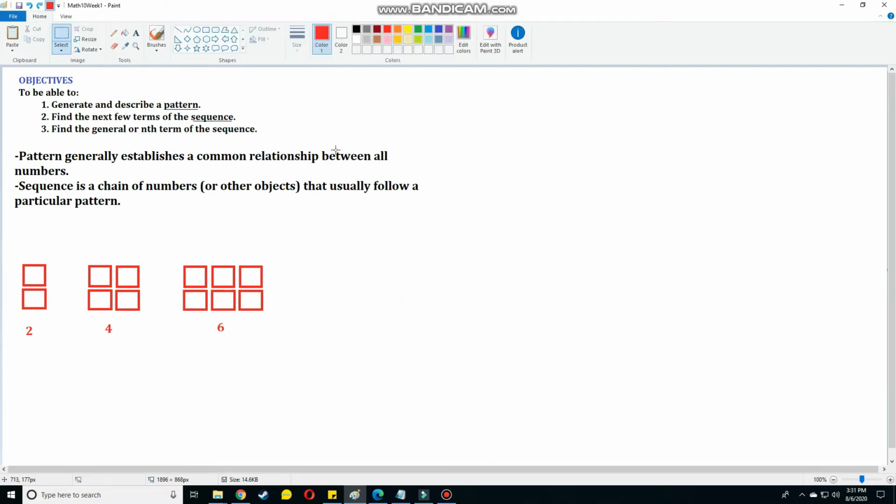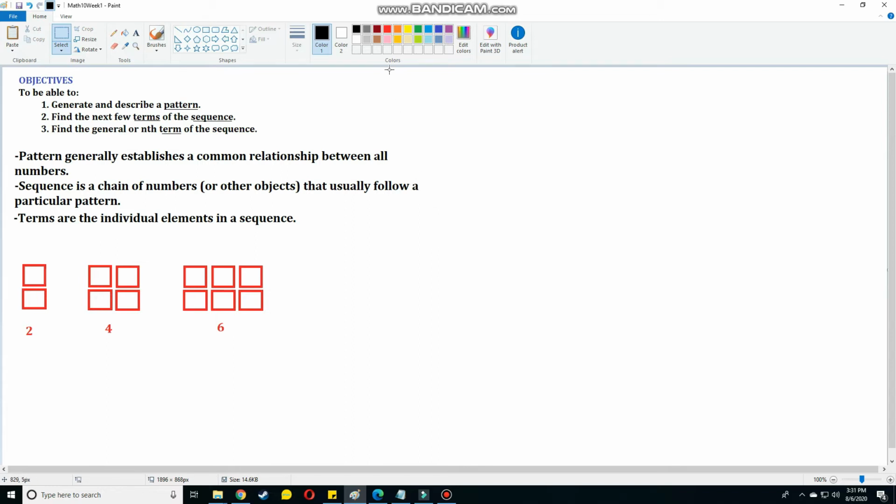Let us continue with our definitions. As you can see, in our second and third objectives, we mentioned the word term, and that is why we need to define it first so that we would know what terms are. By definition, terms are individual elements in a sequence.